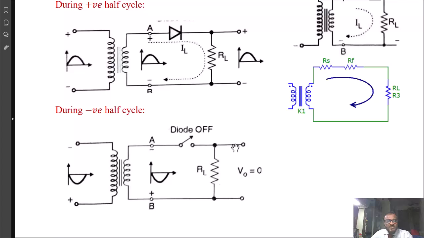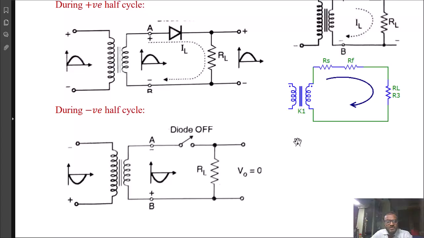And therefore, if we review the positive and negative half cycle operation in this half wave rectifier, the rectified output voltage is available during the positive half cycle only, and during the negative half cycle the output is 0. And this repeats for all the input cycles.